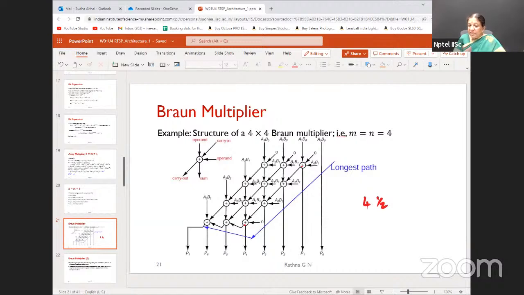If I'm allowed to do that, then I'll consider all of them as 12 full adders. If I want to reduce the hardware, then I can go with 4 half adders and 8 full adders. Is it clear?